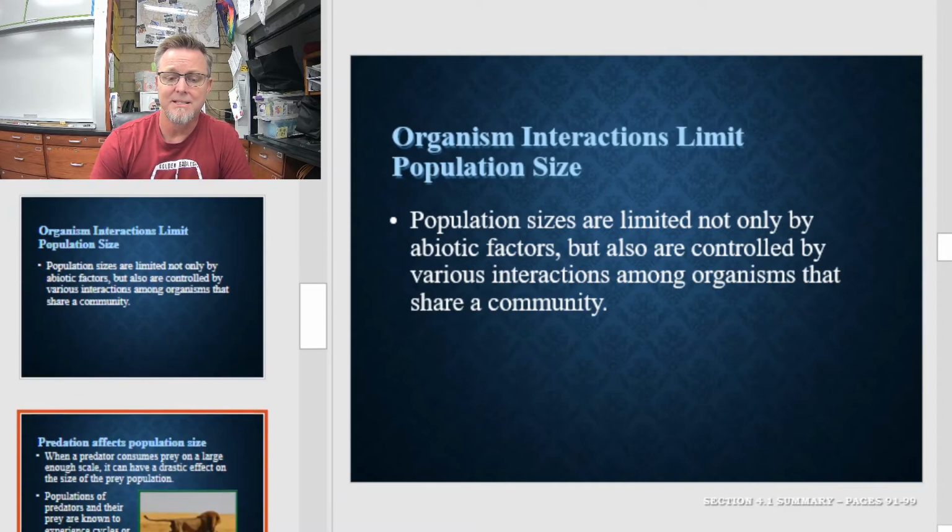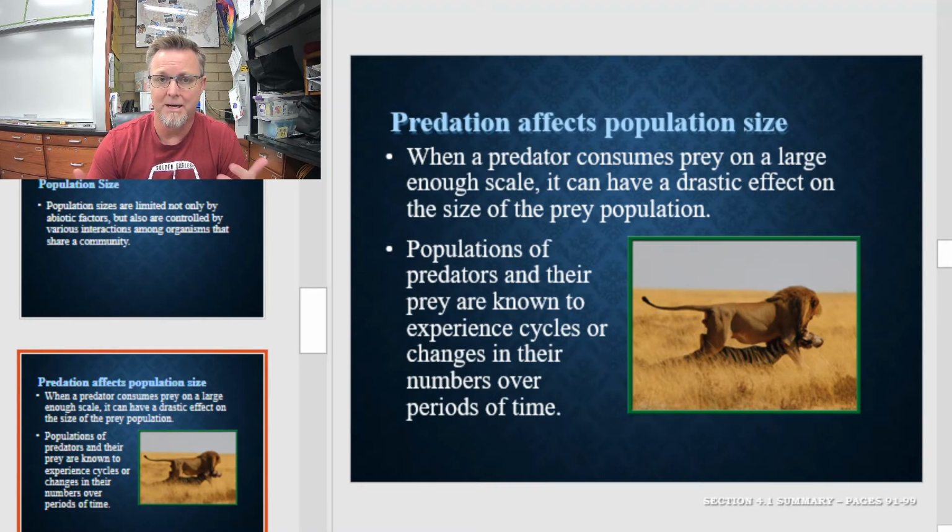Probably the easiest thing to discuss when we talk about organisms interacting and controlling each other's populations is the predator-prey relationship. I know you probably are well versed in what this is, where one animal eats another one, right? When a predator consumes prey on a large enough scale, believe it, it can have a drastic effect on the size of the prey population and a domino effect on the predator population.